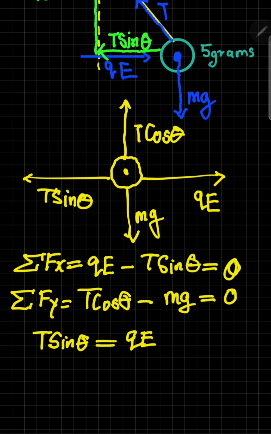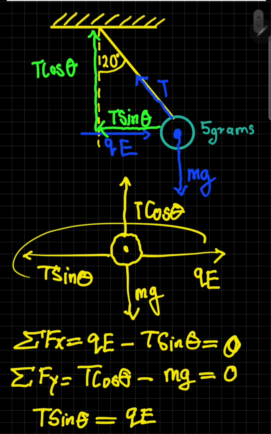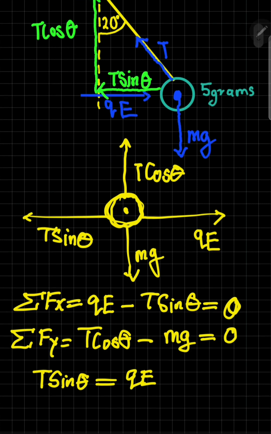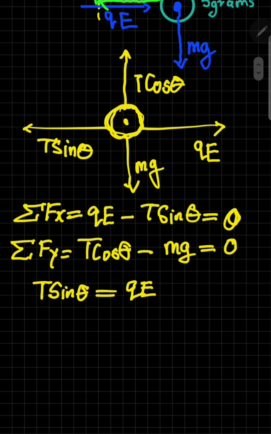And it makes sense because if you look at this diagram here, for the ball to be in equilibrium in the x, this force there has to be equal to that force for it to be balanced. Otherwise, if one force was greater than the other, then there would be motion in the direction of the greater force. So we can say this is our equation 1.